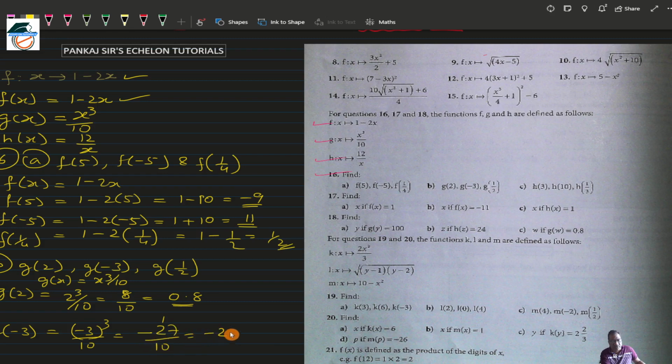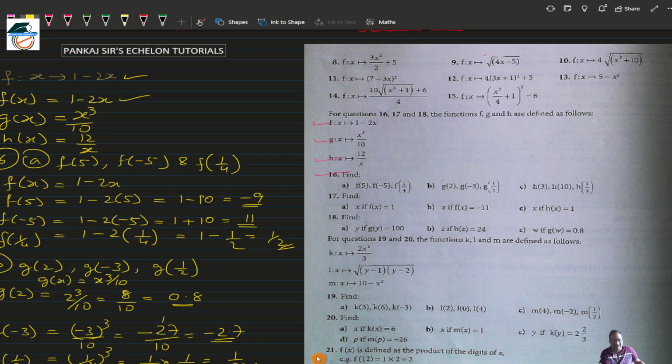That should work out to minus 2.7. And g of half should be half raised to 3 upon 10, which works out to 1 by 8 into 1 by 10, which is 1 by 80. Okay. Right.